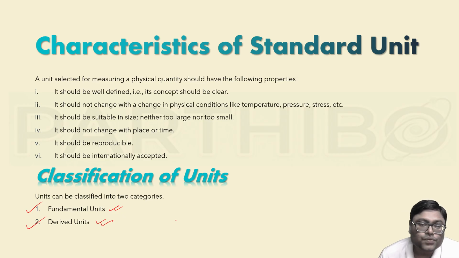Now what are the characteristics a standard unit should have? Normally a unit selected for measuring a physical quantity should be well defined, its concept should be clear, and it should not change with the change in physical condition like temperature, pressure, stress, etc. It should be suitable in size, neither too large nor too small.